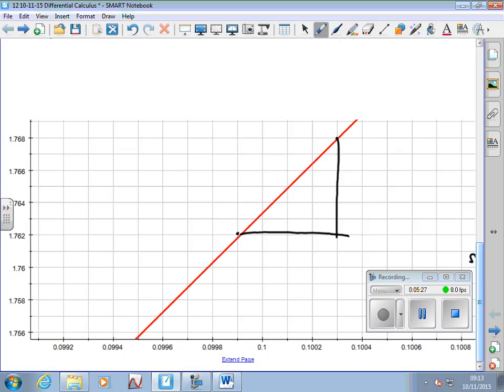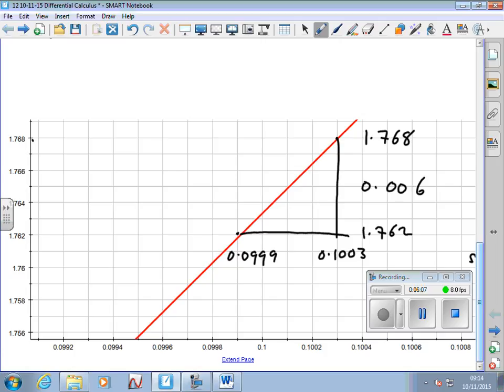So I will say this point here is 1.768 from this axis minus 1.762. That will give me the length of that line. If I want the length of this line, it's 0.1003, near enough, and this point is 0.0999. And so I now do a little subtraction. 1.768 minus 1.762 is 0.006.